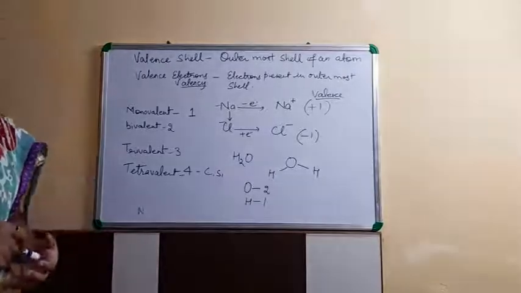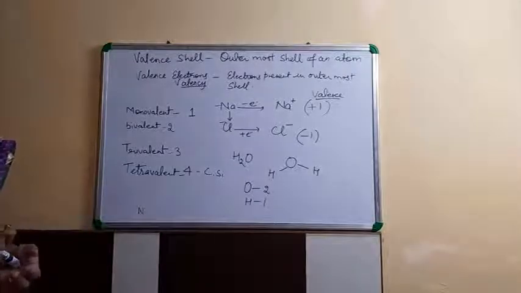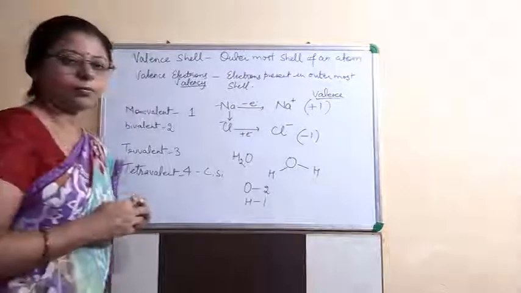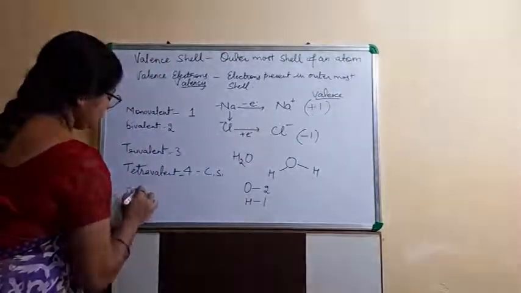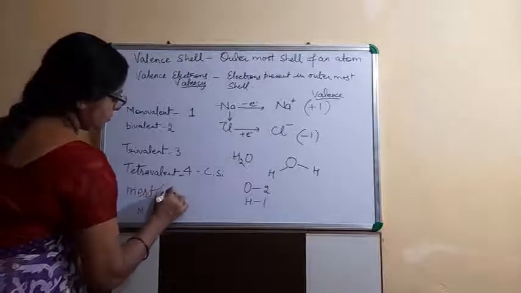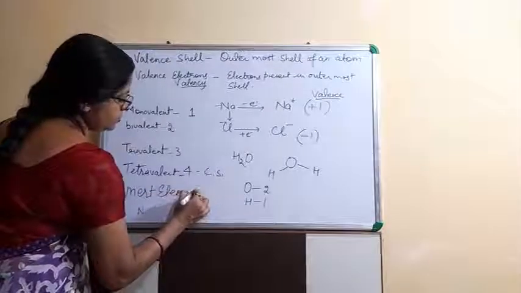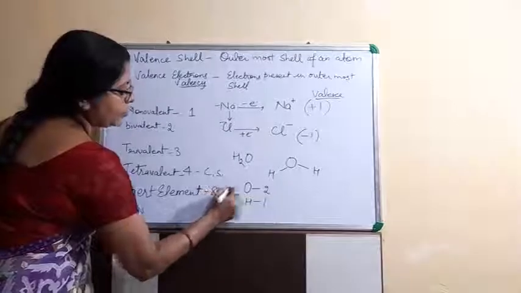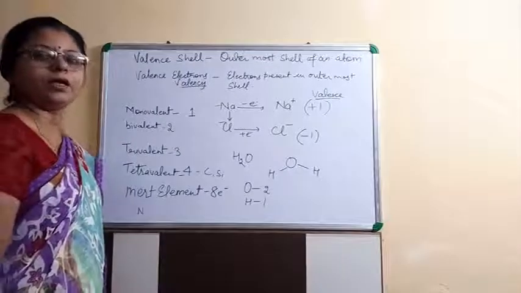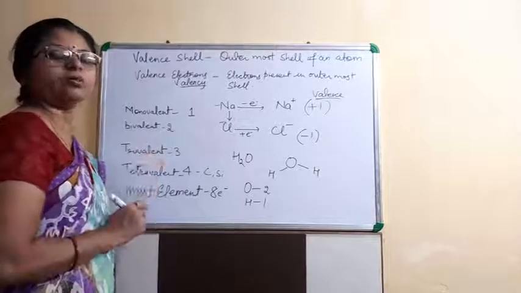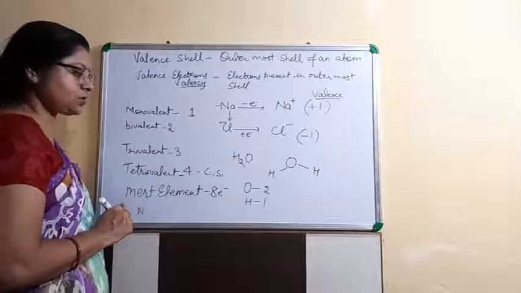Inert elements are those elements which have 8 electrons in their outermost orbit, except helium. Helium has 2 electrons, the duplet structure it follows.